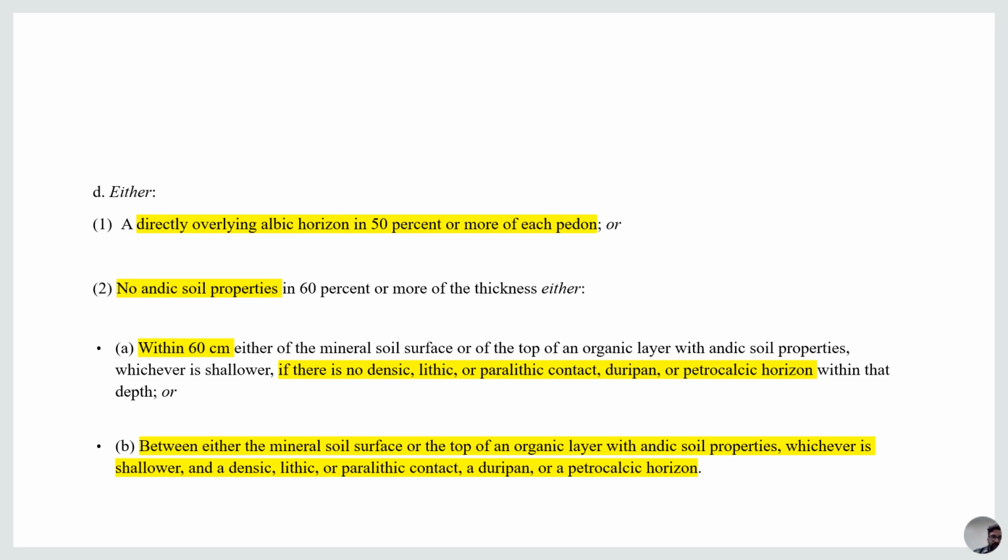So we cannot find andic soil properties in 6% or more of the thickness of horizons and layers between the mineral soil surface or the top of the organic layer with andic soil properties and the top of the densic contact, the lithic contact or the paralithic contact, the duripan or a petrocalcic horizon.